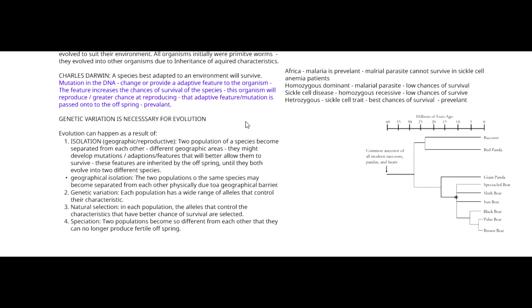So they evolved into organisms that are only found in Australia. A good example is marsupials. Marsupials are mammals that carry babies in their pouches, for example the kangaroo and the koala bear.